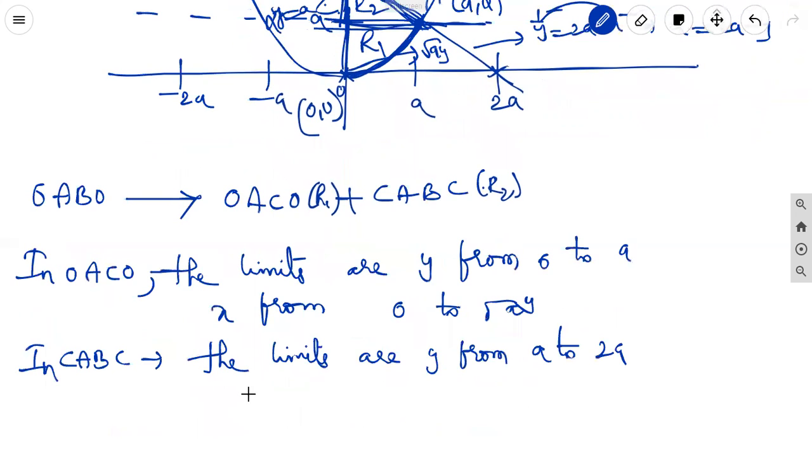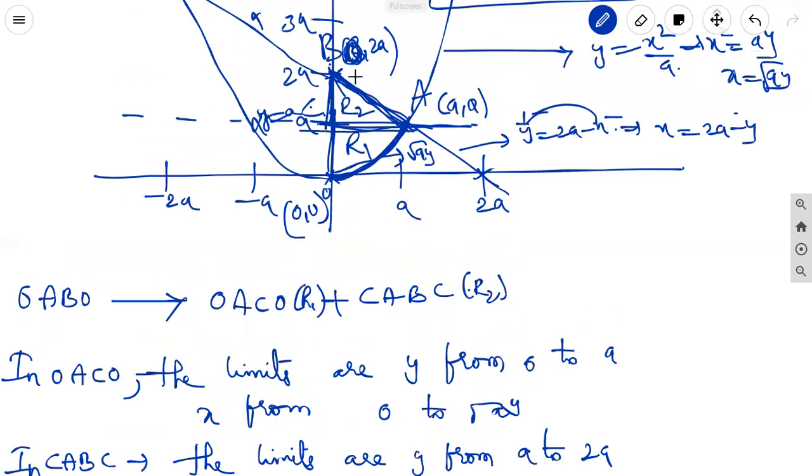So x values are 0 to 2a minus y. Okay, these are the limits, and we can take the previous problem, (y2 minus y1) into (x minus x1) equal to (x2 minus x1) into (y minus y1). From that also we get the curve equation, that is x equal to 2a minus y only.